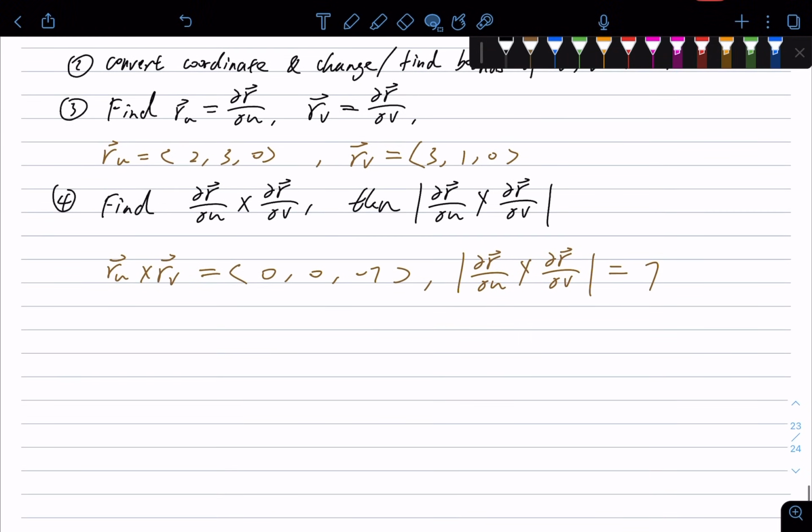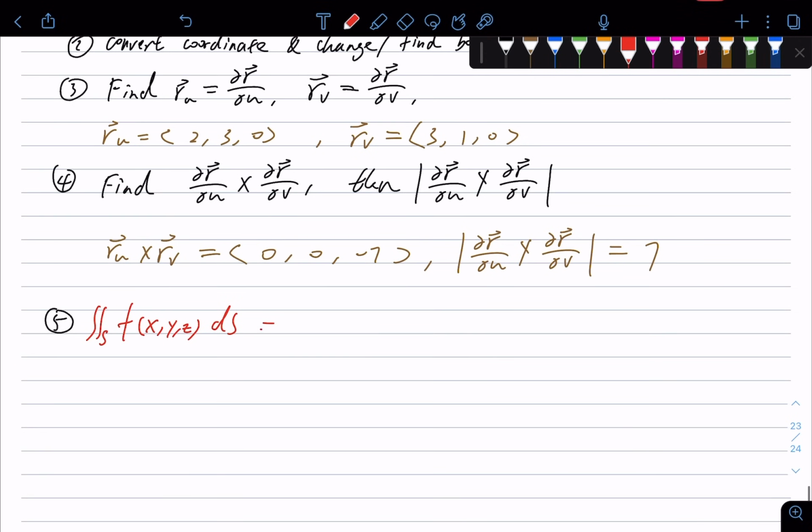Okay, and then finally, we're going to assemble the surface integral, which is going to be the surface integral of your integrand f(x,y,z) dS. This big S indicates the surface, equals the double integral of f(x(u,v), y(u,v), z(u,v)) times the magnitude of partial r partial u cross partial r partial v dA.